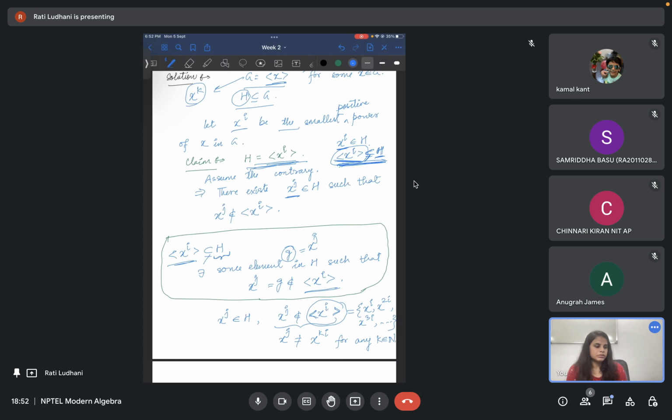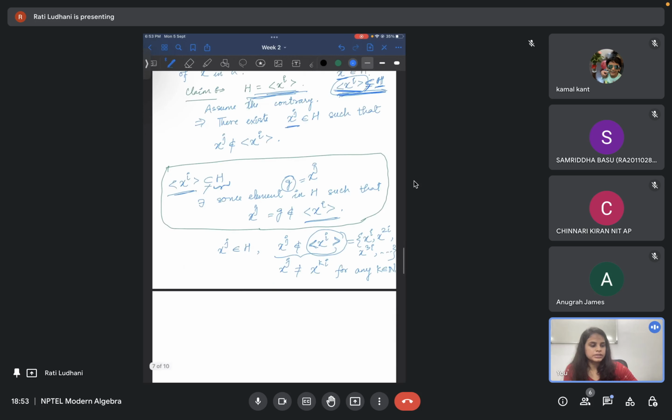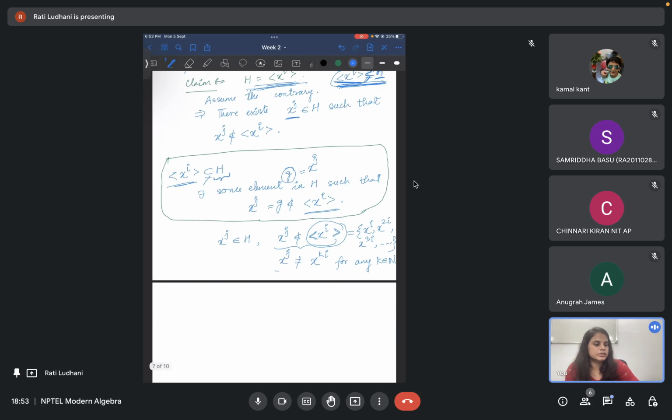Is that okay? So we know that this is not in this set. That means x raised to power J cannot be written as of this form, right? So this implies J is not equal to Ki for any k belonging to N.